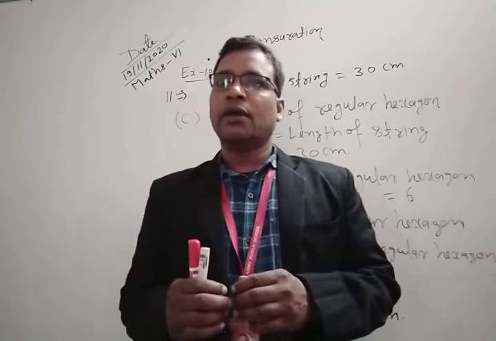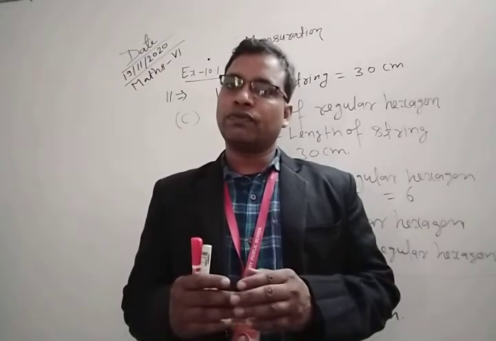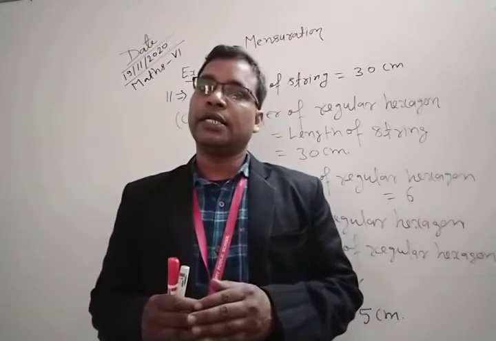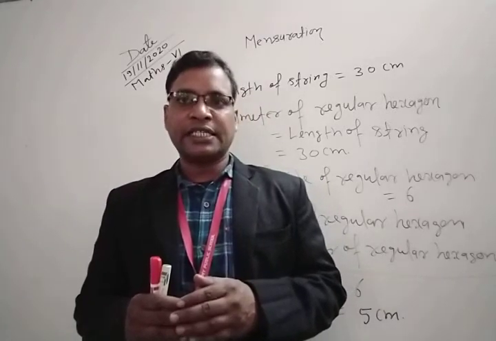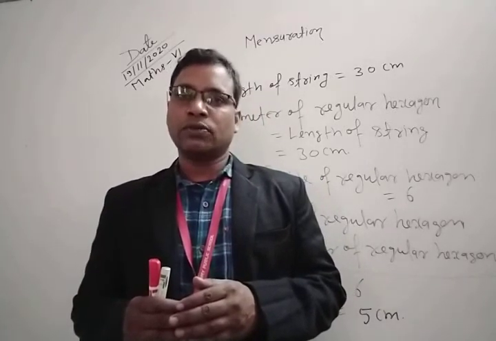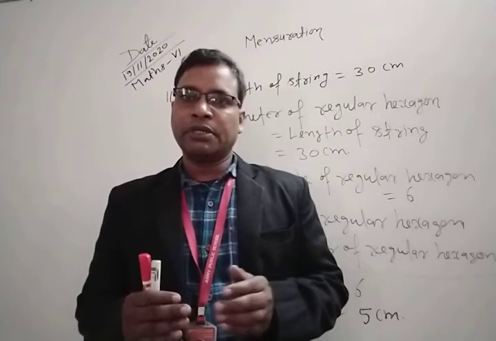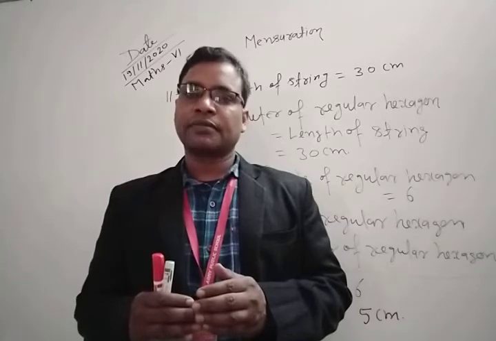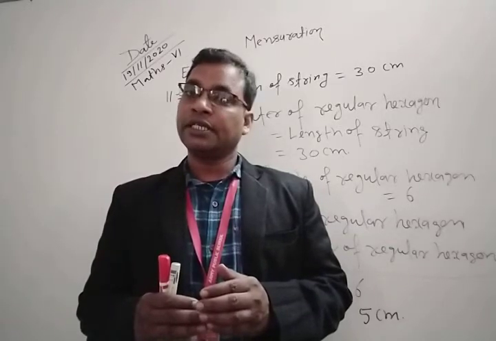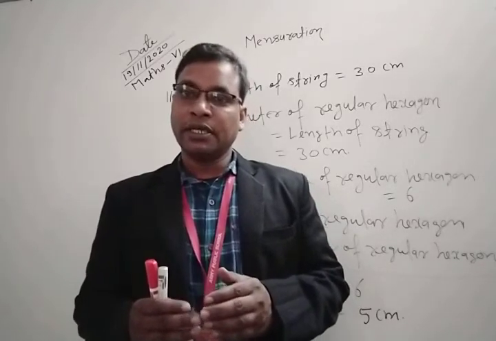The next is we use this string to form an equilateral triangle. An equilateral triangle has 3 sides and each side is equal to the others. First you find the perimeter of the equilateral triangle. The perimeter of the equilateral triangle is equal to the length of the string, which is 30 centimeters.